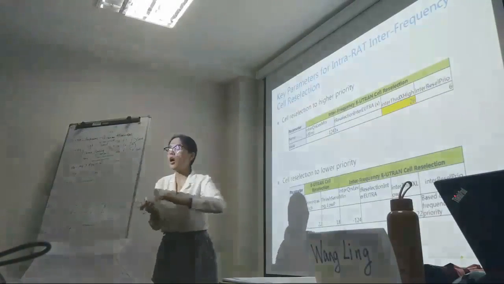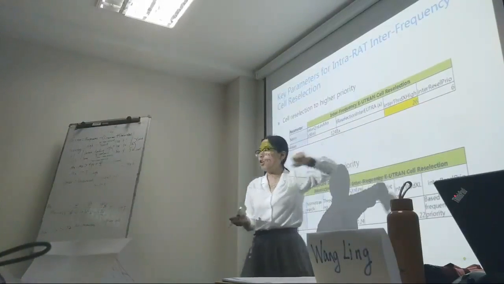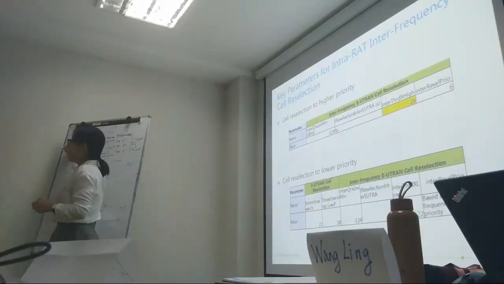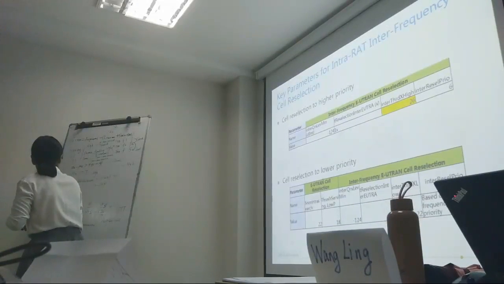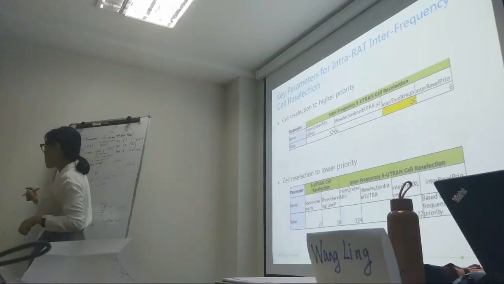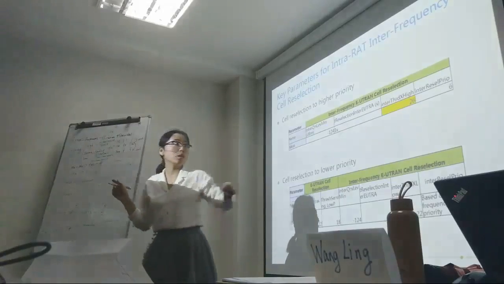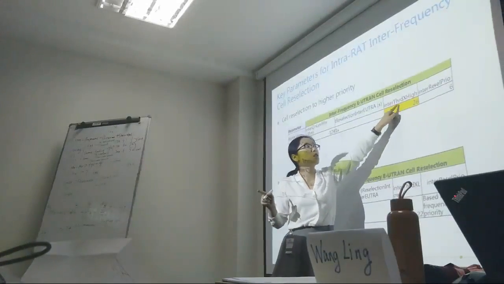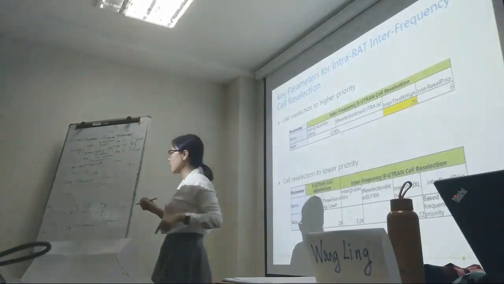But in our parameter, we configure this threshold is for the S. If this S is greater than this threshold, the Thresh X high is this value. This value is 26.